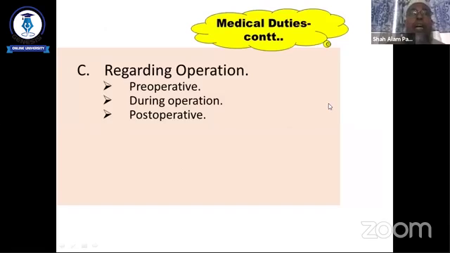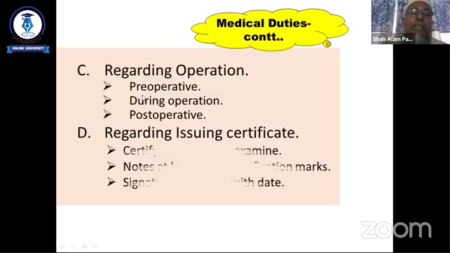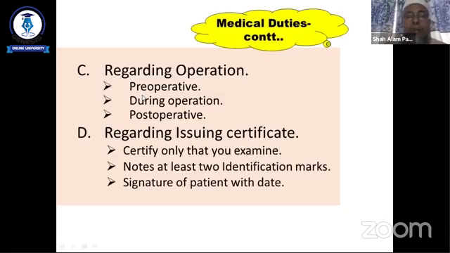Now come to the operation. Regarding operation, there are some duties pre-operative, during operation, and post-operative. Pre-operative, you have to thoroughly examine for fitness, and strictly maintain the pre-operative advice.